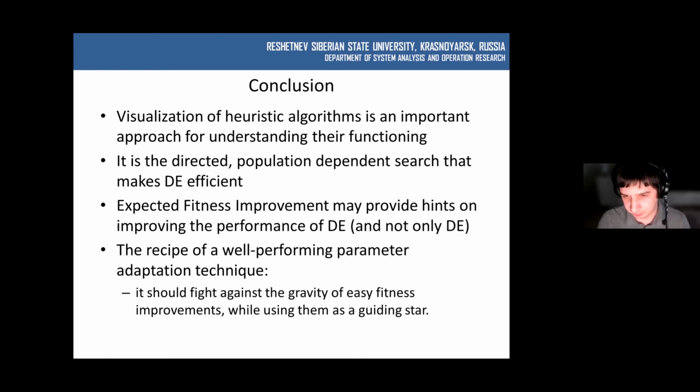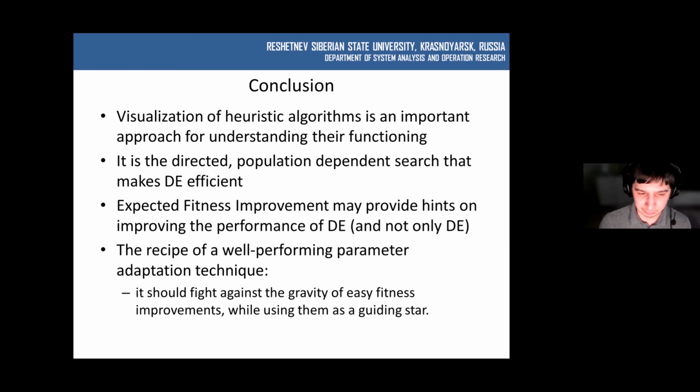For example, expected fitness improvement. It's very easy to implement. Of course, you have to wait. You have to make graphs to do this, but maybe it will give you some better understanding of your algorithm. And one more important thing about parameter adaptations.